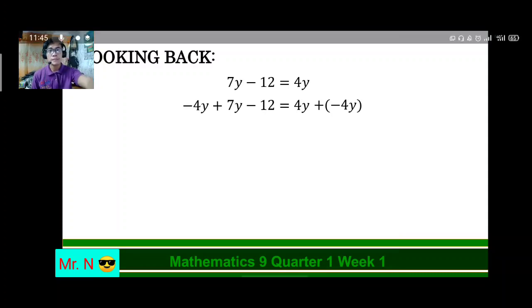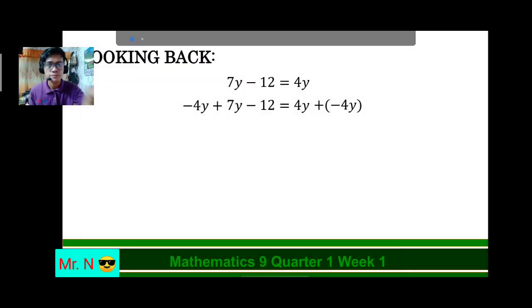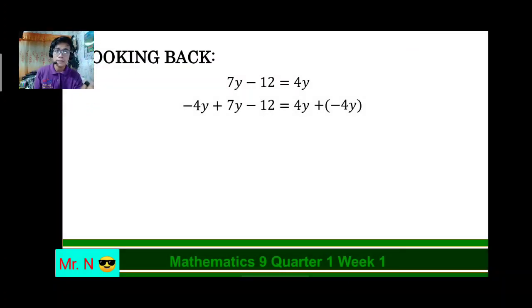So we should copy the sign beside 7, and the sign beside 7 is positive. So the answer is 3y. Just copy the common variable, y. Minus 12 is equal to 4y plus negative 4y, that is 0. So we already have now 3y minus 12 is equal to 0.